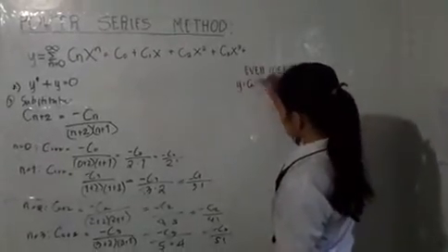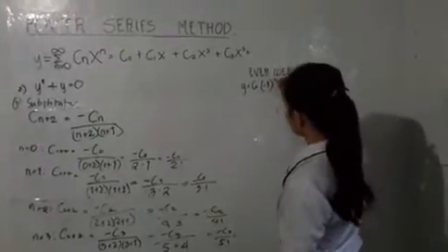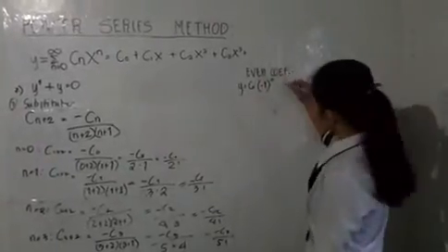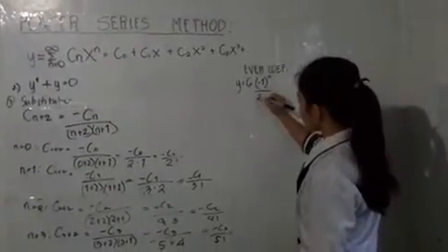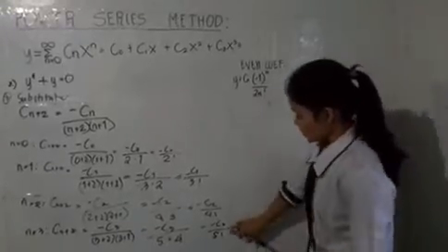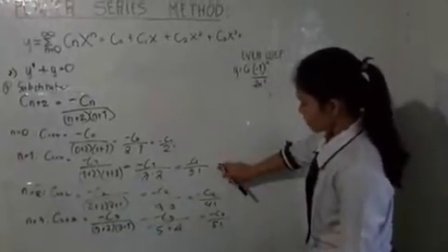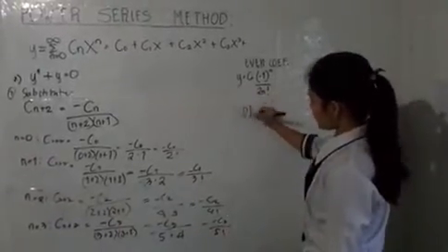From here, we can derive our even coefficients. Y is equal to C0 negative 1 raised to n over 2n factorial. Now, our C3 and our C1 can be also equivalent. We can derive our odd coefficients.